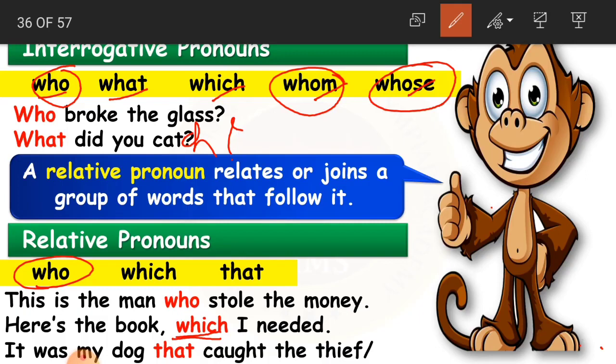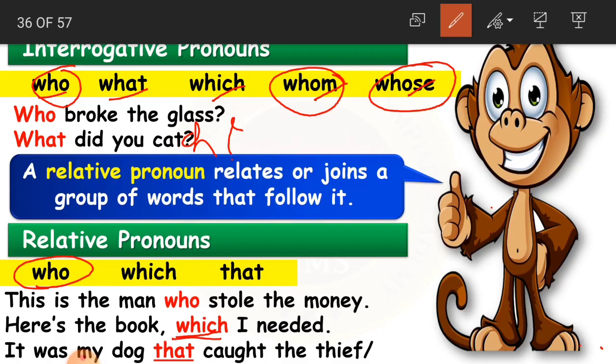Yesterday I said I'll tell you today: that is also used for an object. It was my dog that caught the thief. In the sense, it refers to both an animal or an object. Clear children?